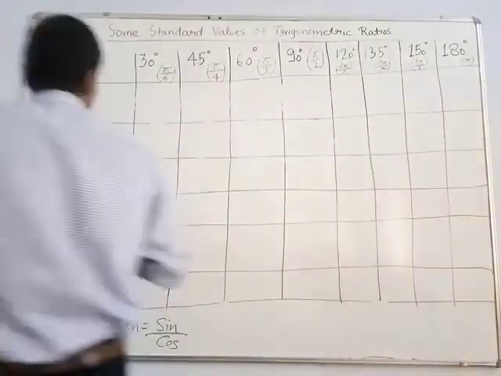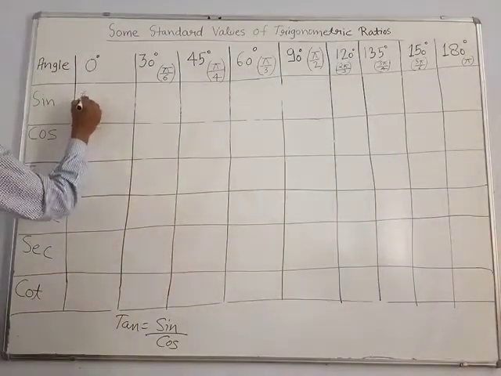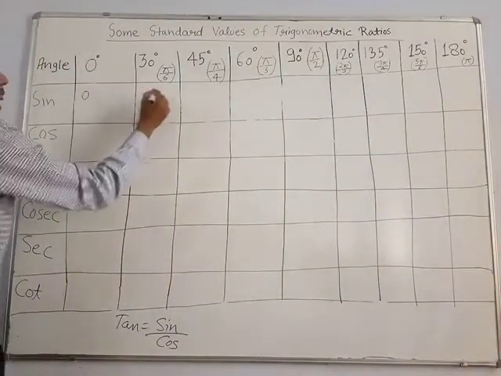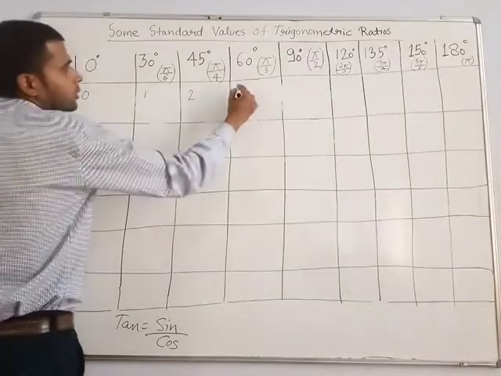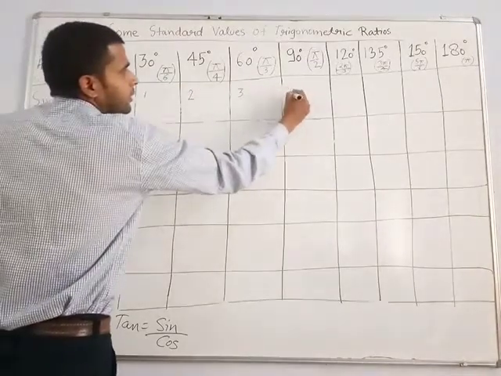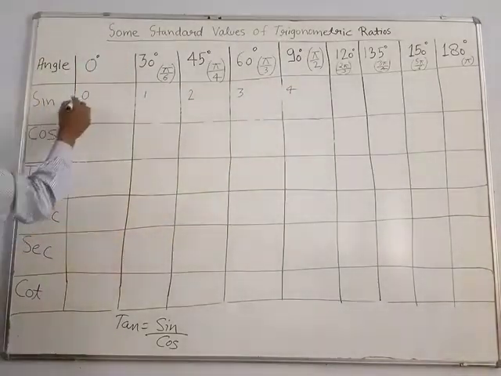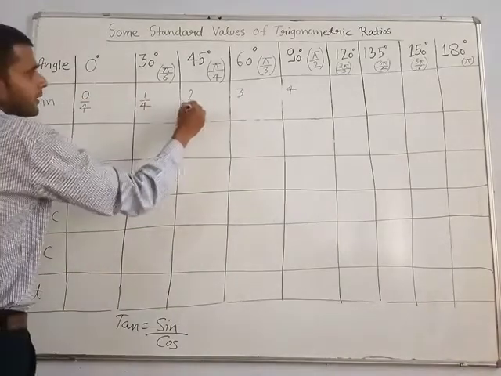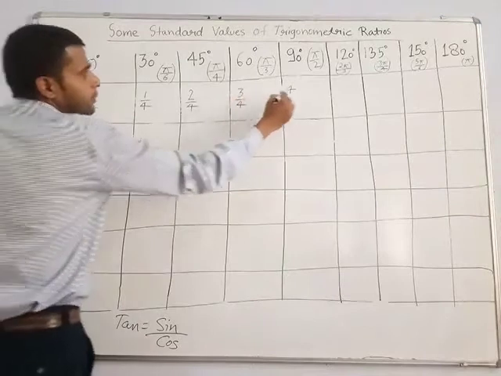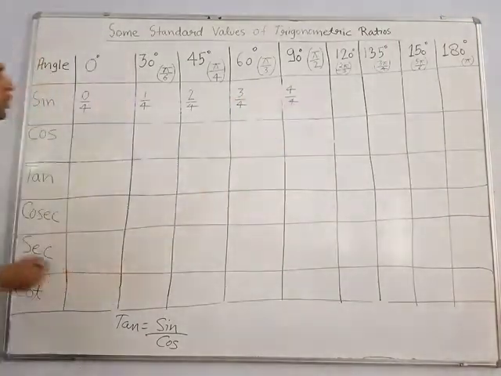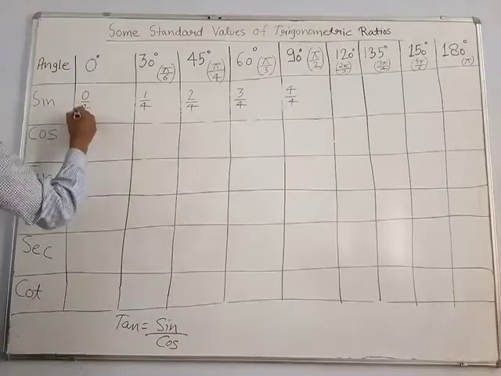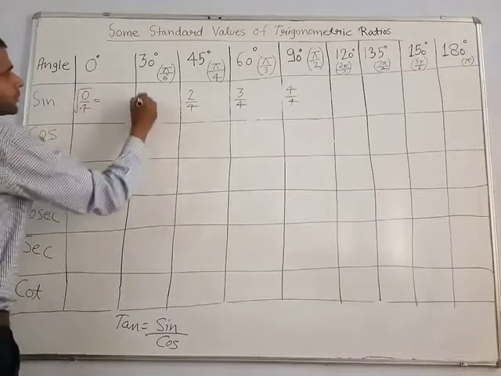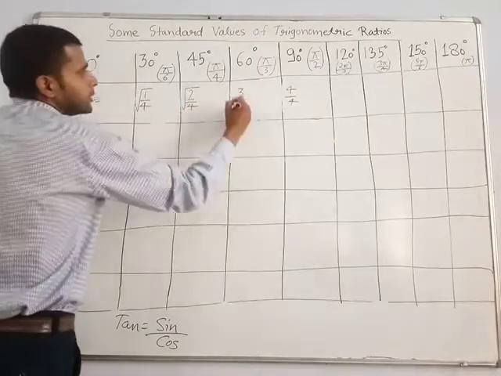So for sine, first 0, 1, 2, 3, 4, right? Divided by 4 each, then square root.